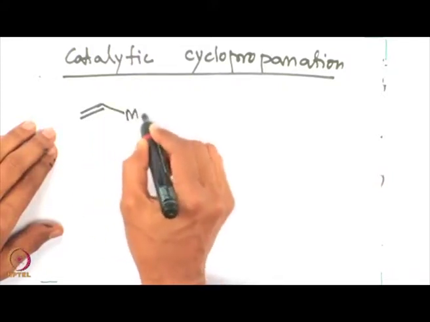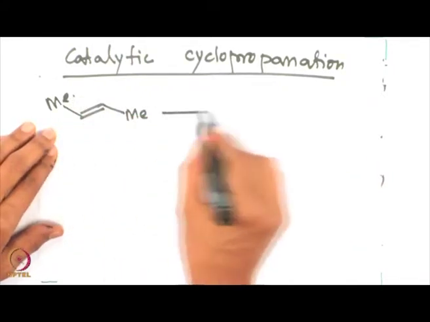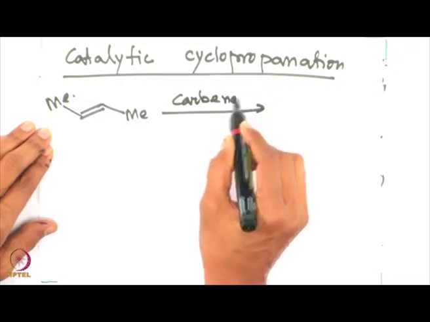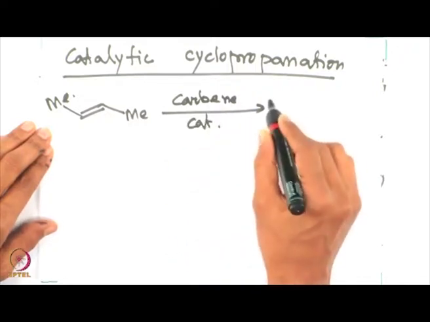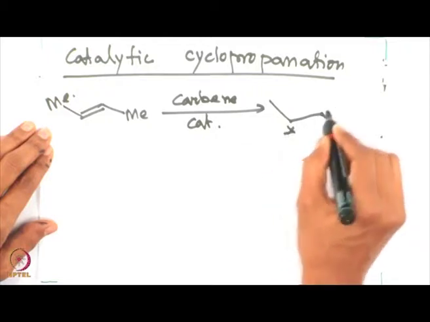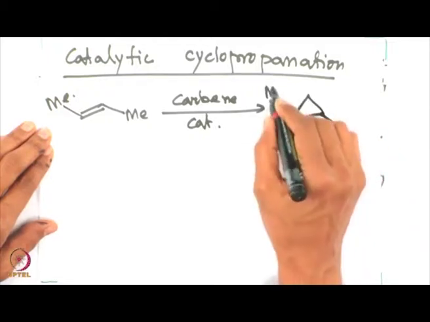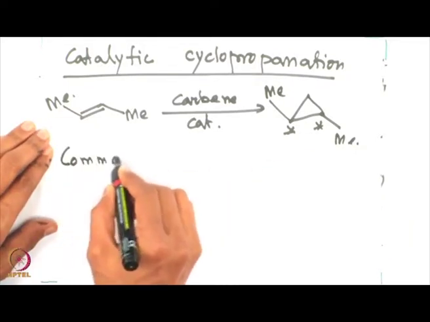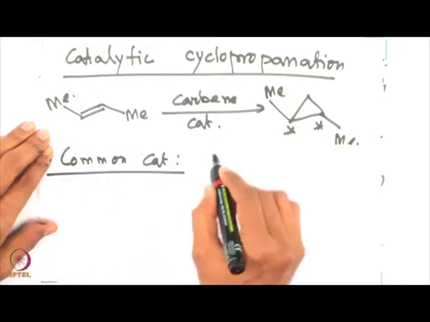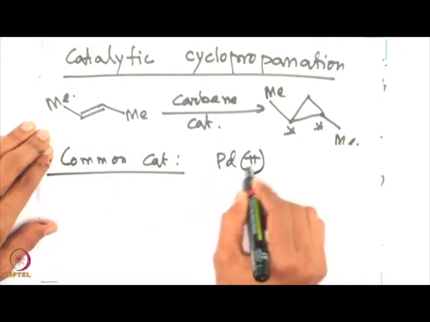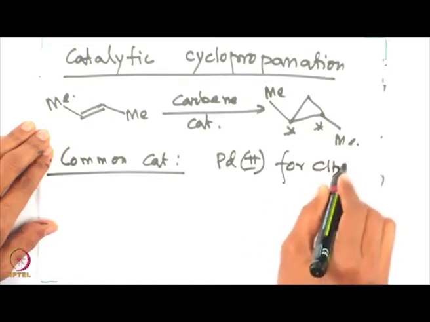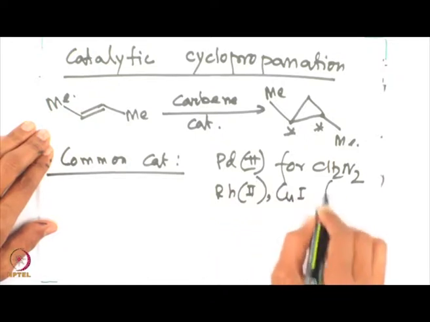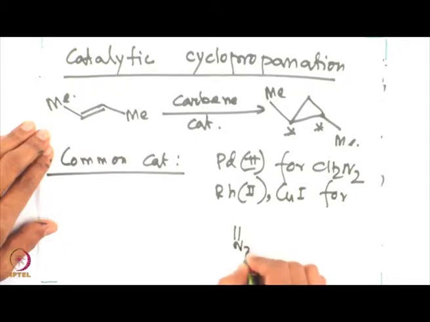So, we are interested in starting with an olefin. We want to react it with a carbene equivalent, carbene catalyst. Overall, what we would like to get is a stereocenter, of course. So, the common catalyst that we found for these cases is the palladium one, for diazomethane chemistry, and rhodium 2 and copper iodide for ester, diazo-ester chemistry.